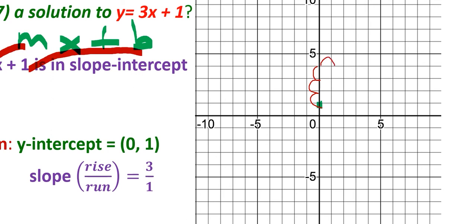So that's our next point. And we repeat again: up 3, right 1 from the next point. 1, 2, 3, right 1.